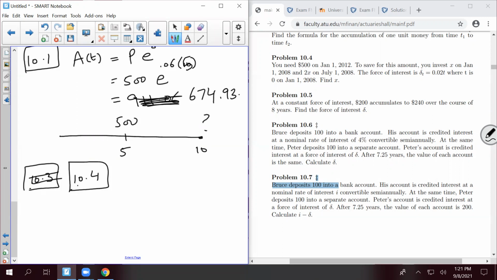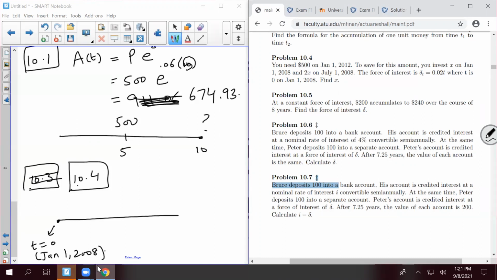Which one do you want to take as time 0? January 1st, 2008, because that's when you make your first investment.